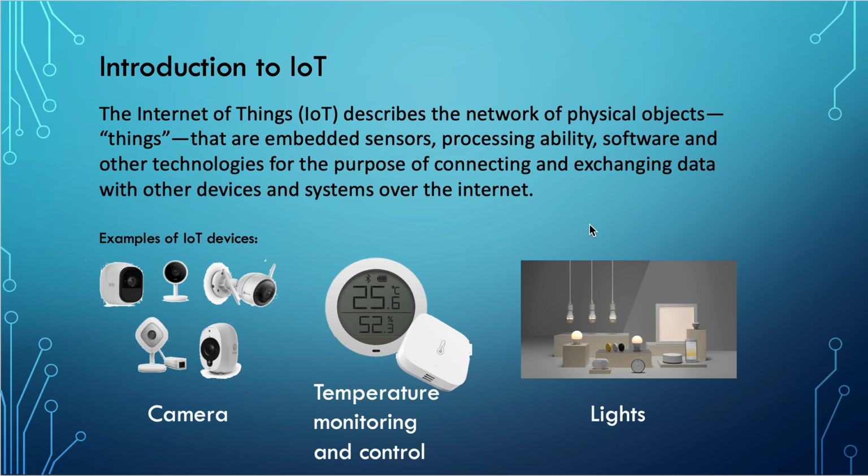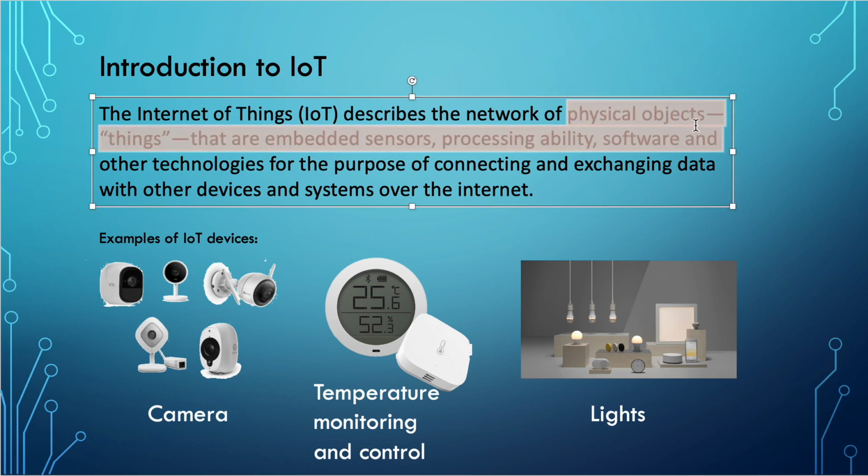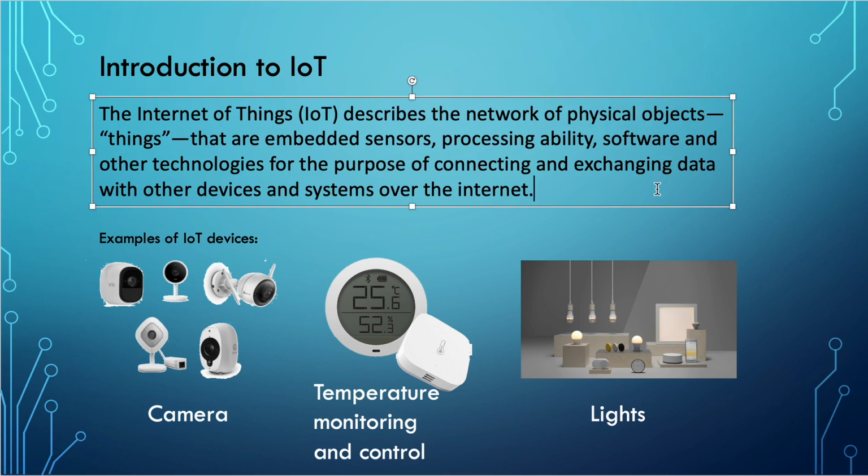So looking at the definition, there are several things that we need to understand, and there are several main components. The first component that I highlighted was network of physical objects, right? When coming to network of physical objects, we will look at examples of what these physical objects are, and here it says with other devices.